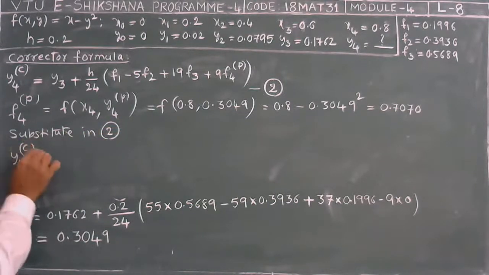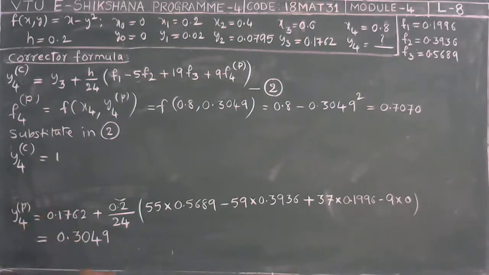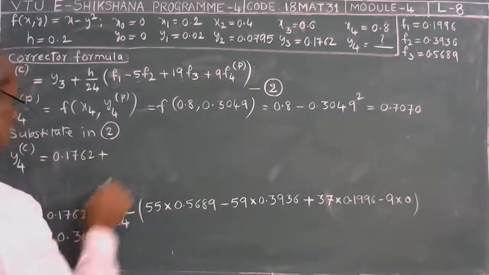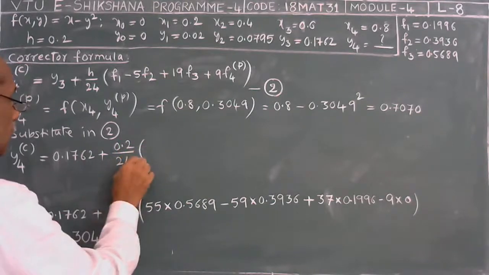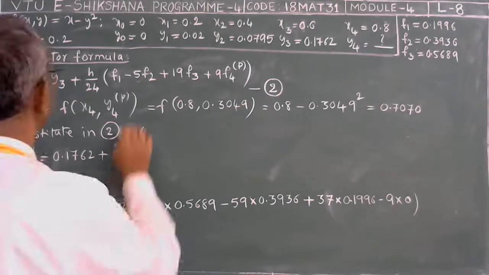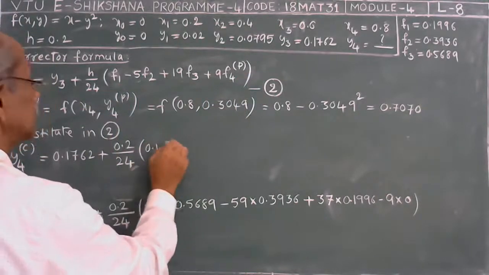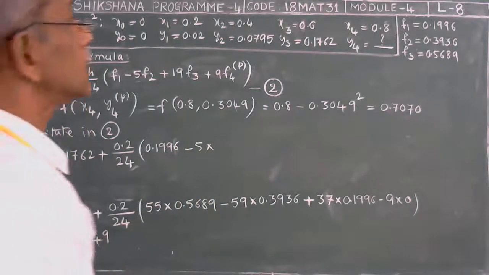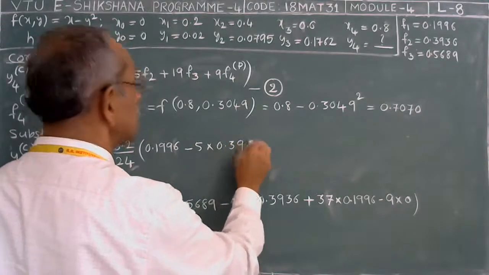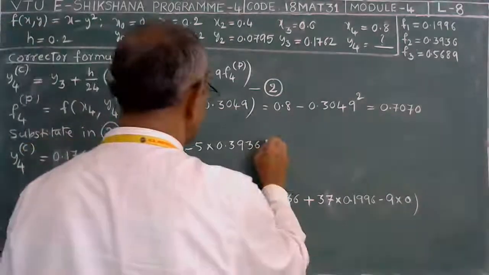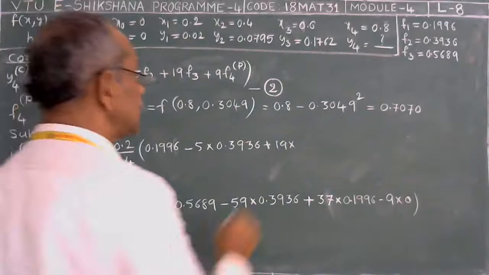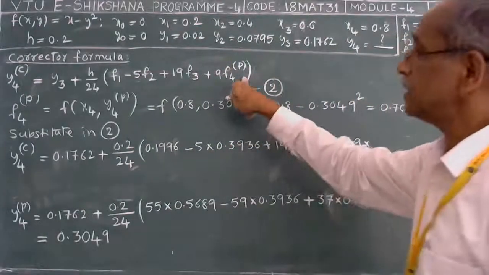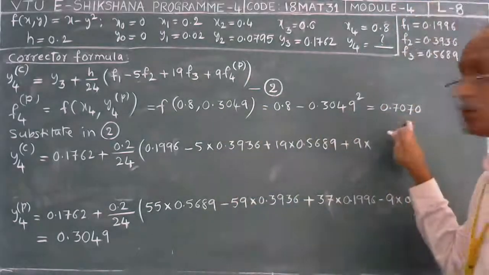So you get y4c is equal to y3. y3 is 0.1762 plus h by 24. 0.2 divided by 24 into f1 is 0.1996 minus 5 into f2 is 0.3936 plus 19 times f3, 0.5689, plus 9 into f4p. f4p is here 0.707.